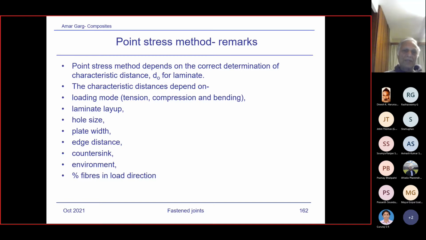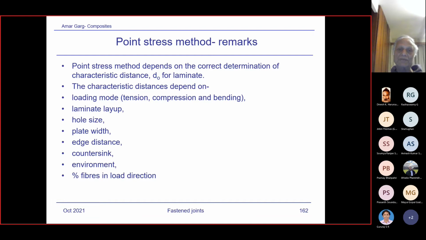The characteristic distance depends on loading mode, tension, compression, bending, laminate layup, hole size, plate width, edge distance, countersink, environment, percentage of fibers, and load direction. So again, D naught is not constant. It's dependent upon many parameters which I have listed over here.